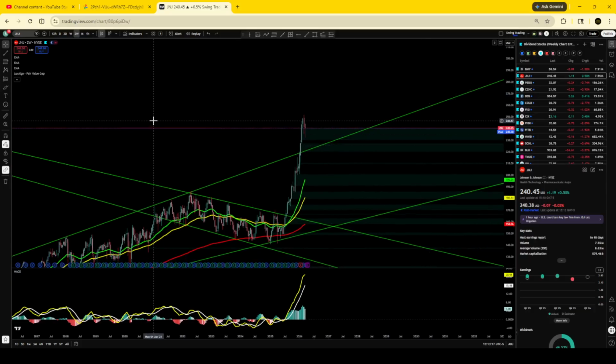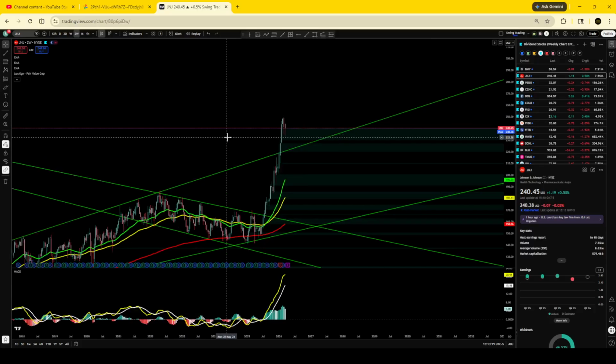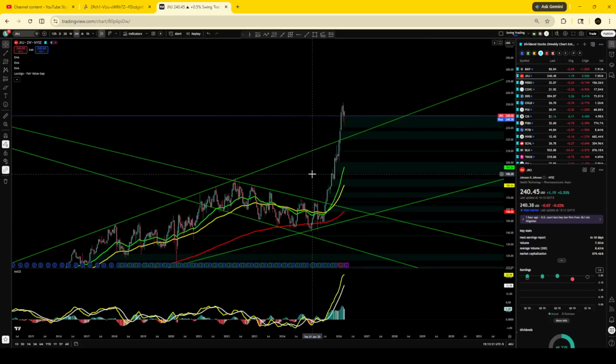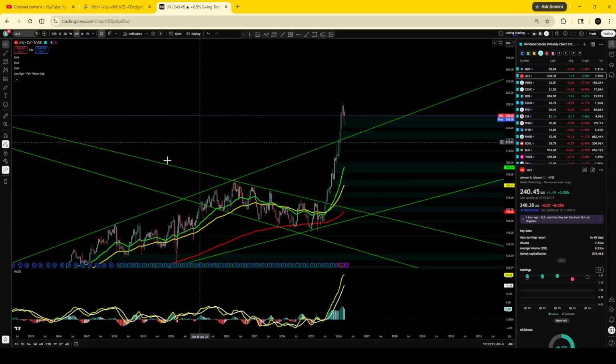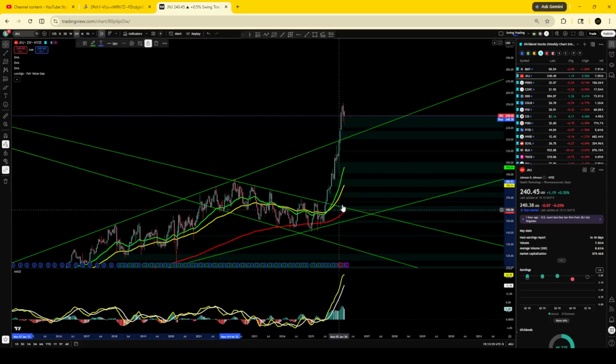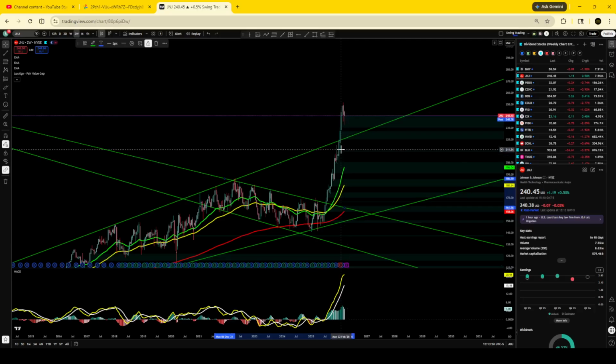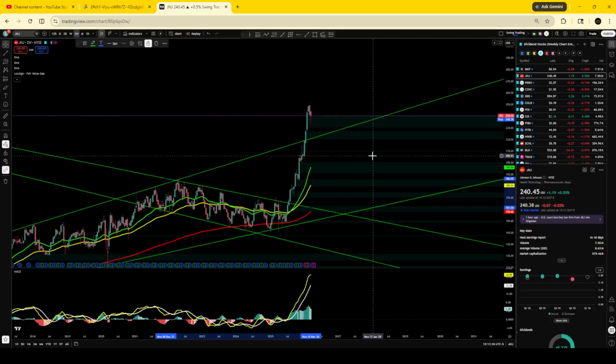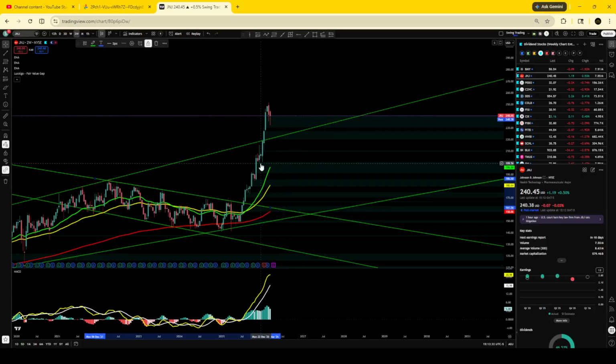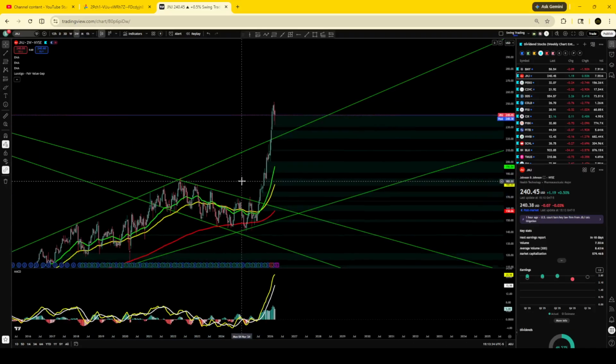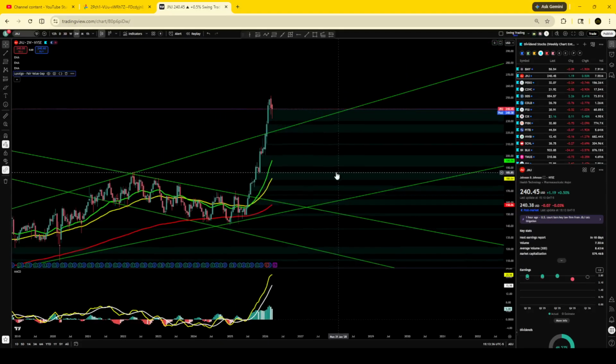I have Johnson and Johnson up right now. Let me know if these green lines are too confusing for you guys right now. But until then, I will keep them up.